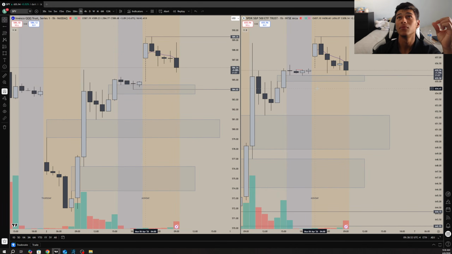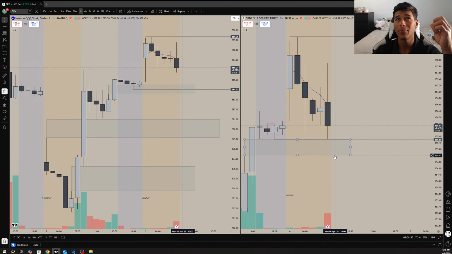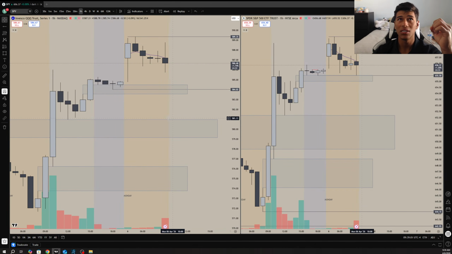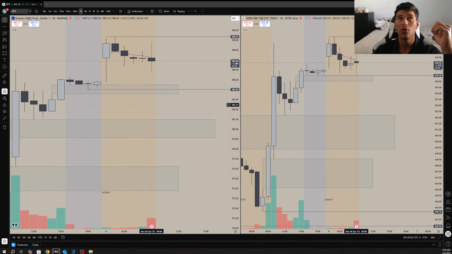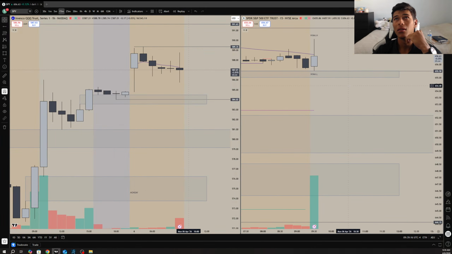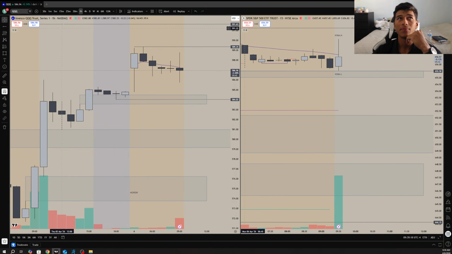We have an hourly fair value gap right here that price could tap into that we'd get into longs on SPY, and then we have the 4 hour fair value gap down here. Essentially the same thing on QQQ on my left side: an hourly fair value gap that I'd like to see price tap into, and then a 4 hour fair value gap down here. So I'll be looking at both, and then from there we shall see what the market gives us.